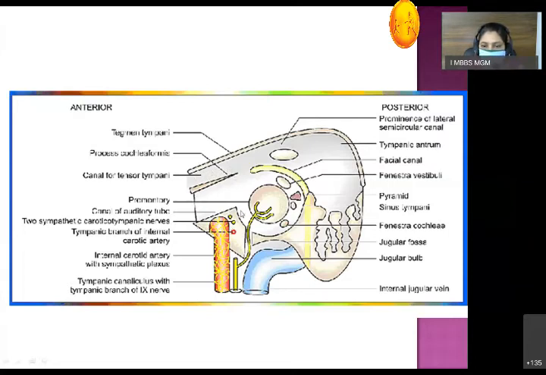In the lower part it is formed by a thin bony plate which separates the middle ear cavity from the internal carotid artery, and which forms the posterior wall of the carotid canal. It is pierced by the tympanic branch of the internal carotid artery and the caroticotympanic nerves.